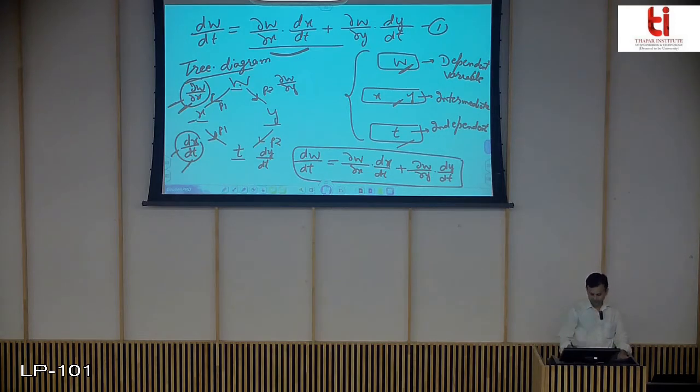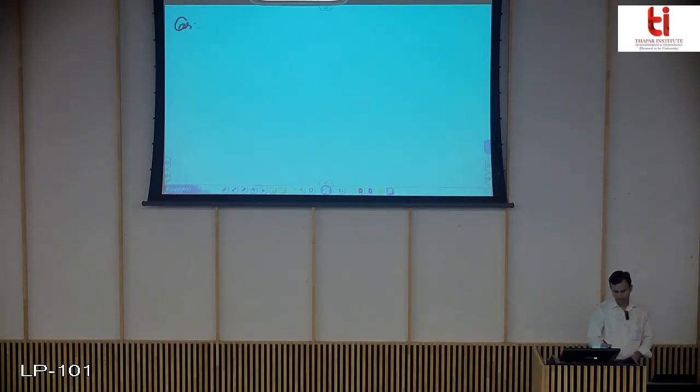In the second case, you take this term, del w by del y, and this term from differentiating the upper variable with respect to the lower variable, and then you multiply the branches of path 2. You add both, and you get the required formula for the derivative of w with respect to t, in case w depends upon two variables.